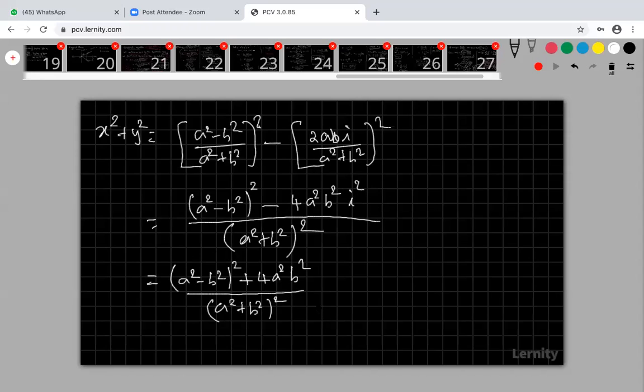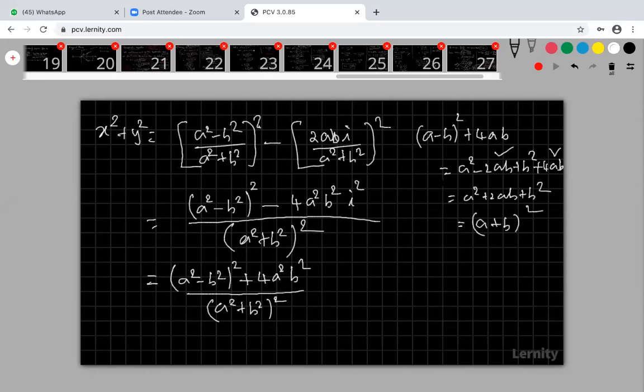Now look at that. This is the numerator. What is my a minus b, the whole square, plus 4ab? It can be written as a square minus 2ab plus b square plus 4ab. Minus 2ab plus 4ab can be written as a square plus 2ab plus b square, which is nothing but a plus b the whole square.